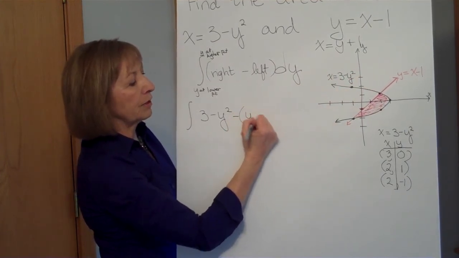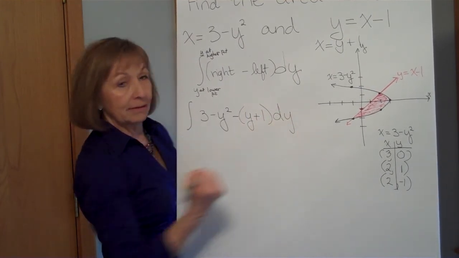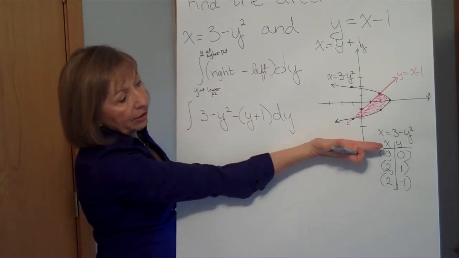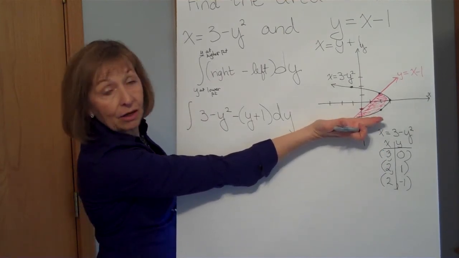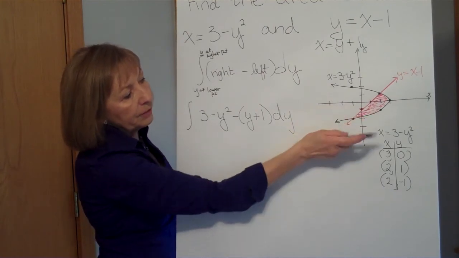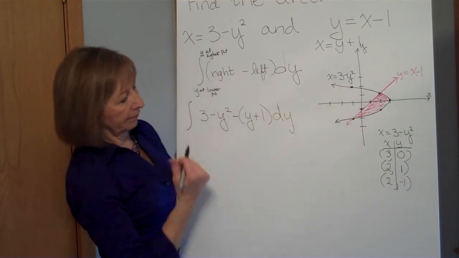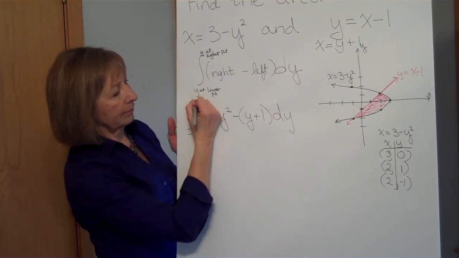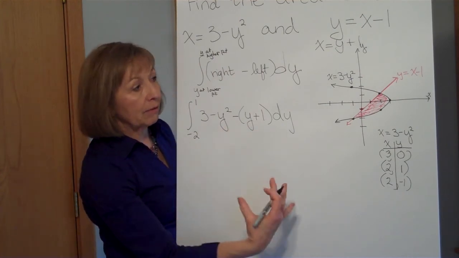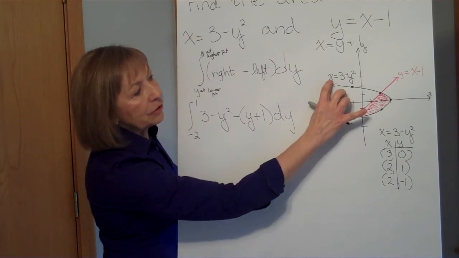It has more than one term, so I have to put it in parentheses. Okay, now what about the y values? Well, as I look from bottom to top, it starts at a y value of -2 for the region, and it tops out at a y value of 1. If that wouldn't be easy to see in the way that we graphed it, then what we would want to do is look at substitution.